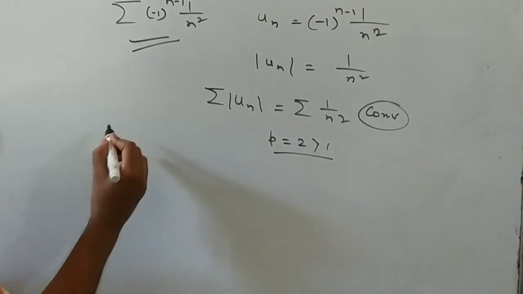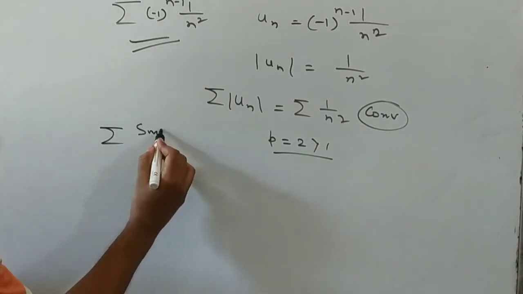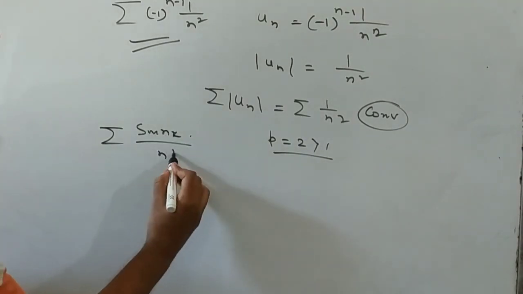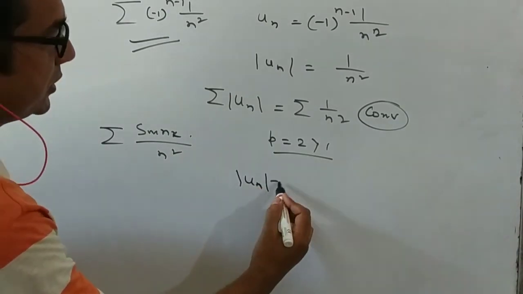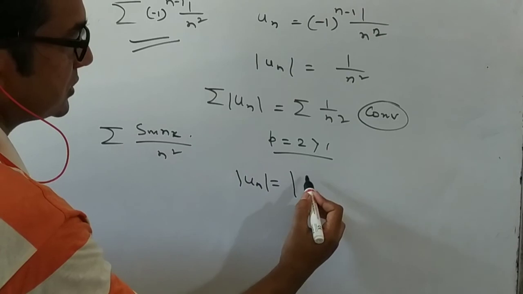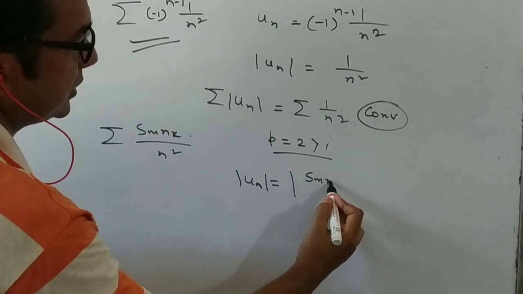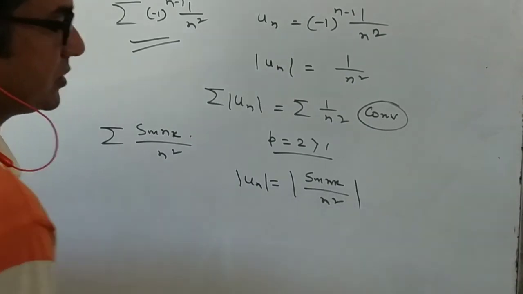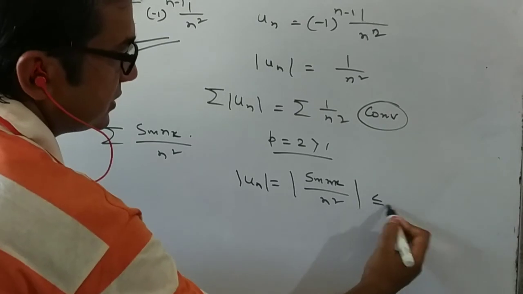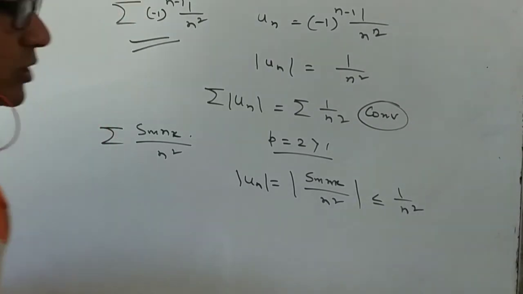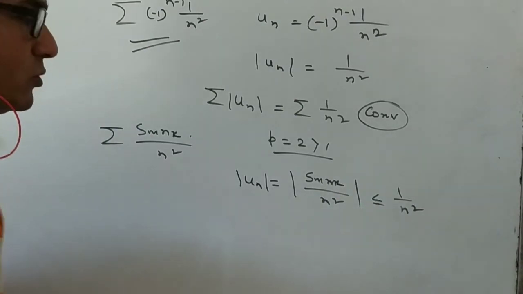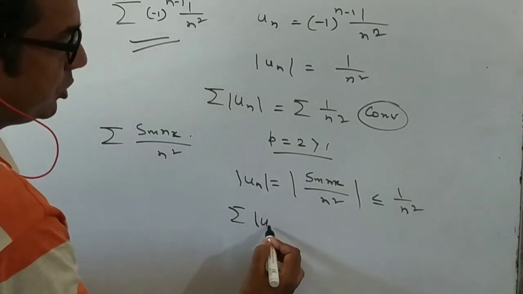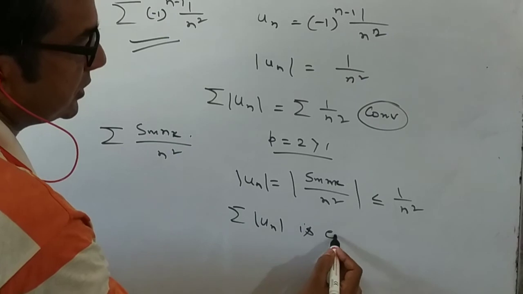Also, summation sin nx by n square. Here mod un is less than or equal to mod sin nx by n square, which is at most 1 by n square, and by using comparison test we say that summation mod un is convergent.